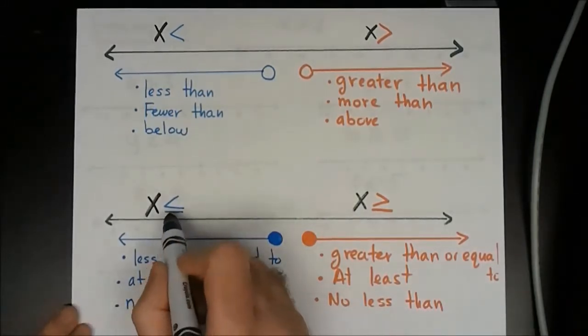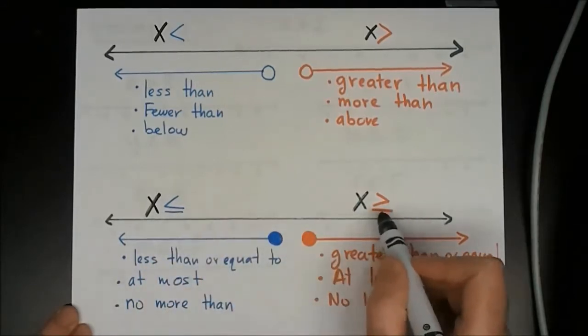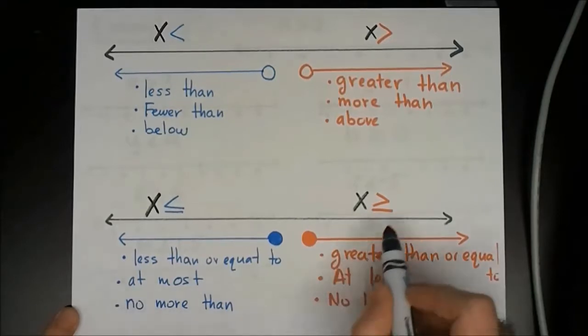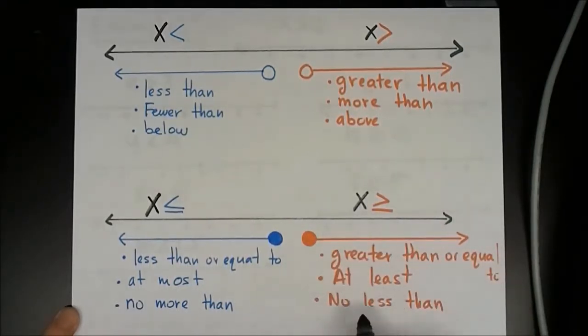Now, when you have this equals line at the bottom, this tells you you're actually including your starting point. You want your starting point to be included in the inequality. So the statements that imply this symbol are greater than or equal to, see, greater than, but also equal to your starting point.